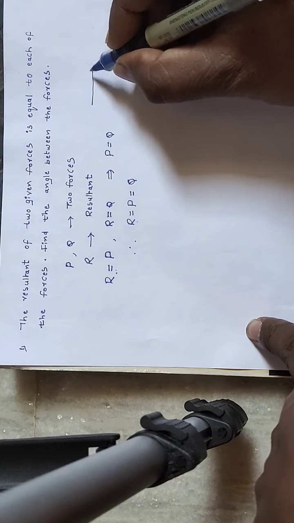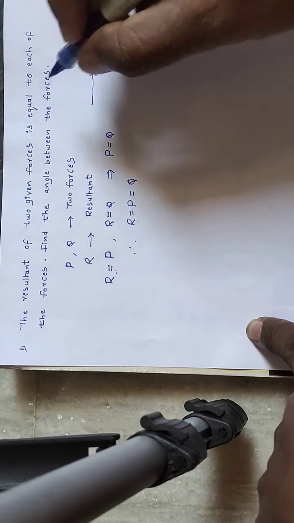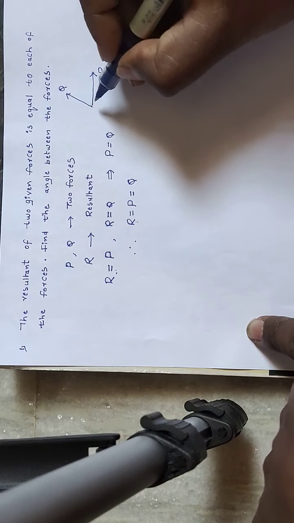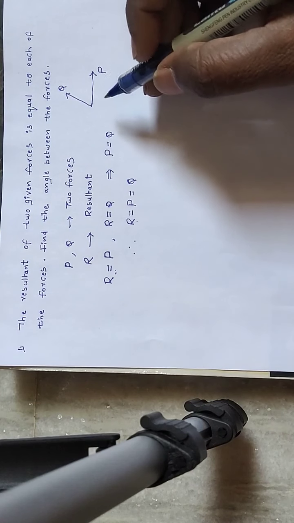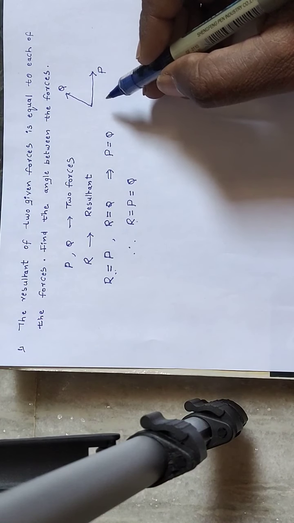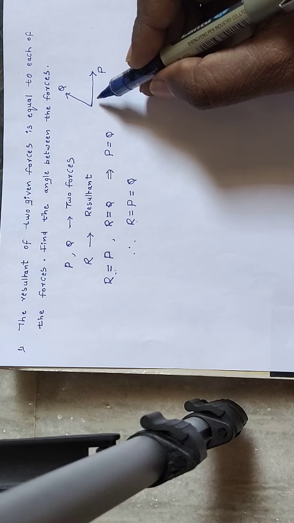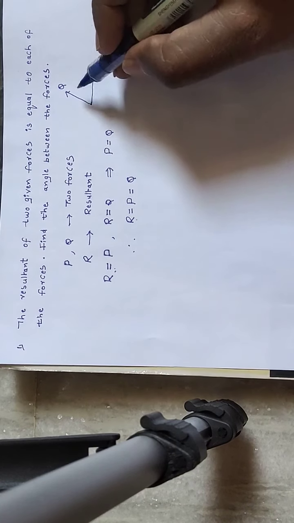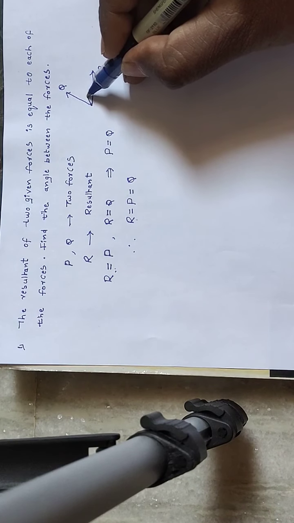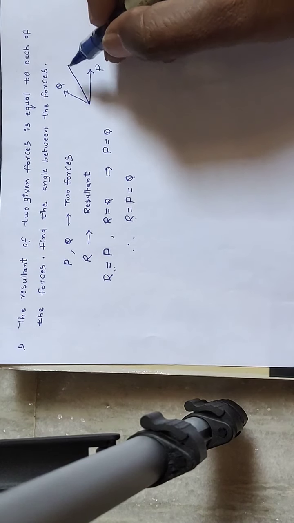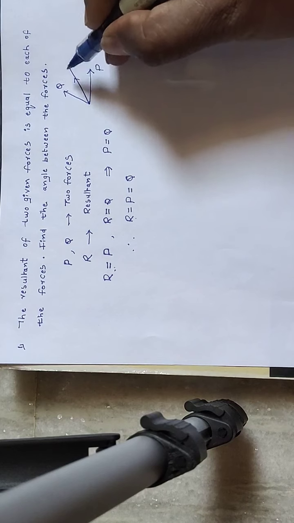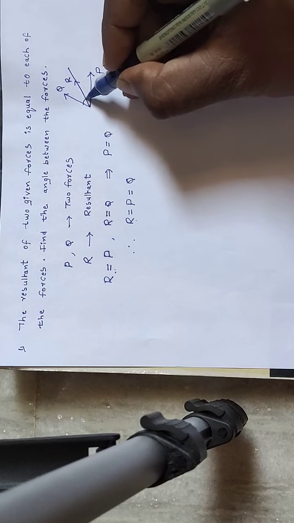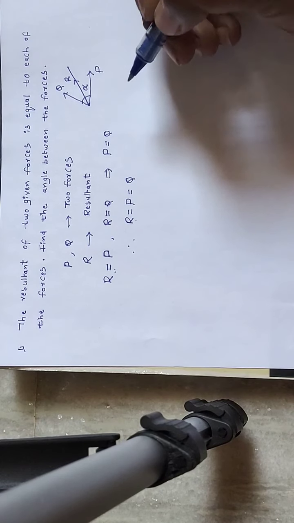So here it is P, this is Q. So according to parallelogram law, if two forces are adjacent sides of the parallelogram, then the diagonal passing through the intersection of these two forces can be represented as the resultant. The angle between P and Q we are assuming as alpha.